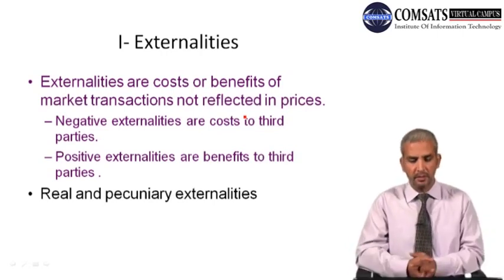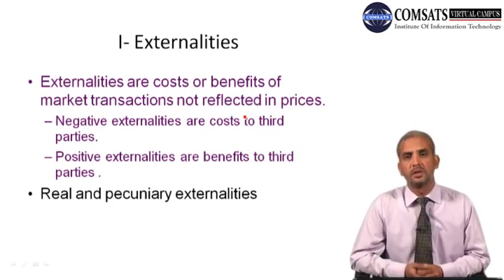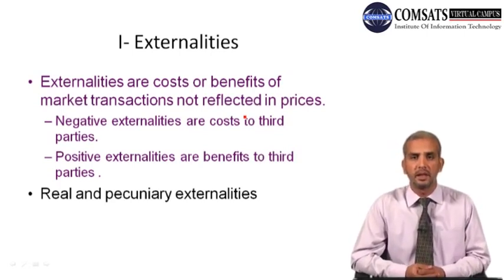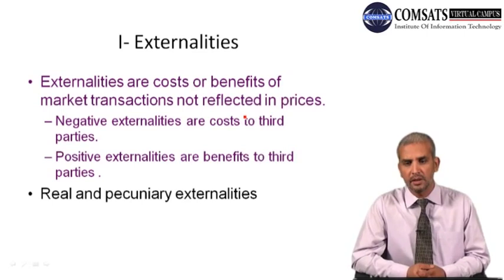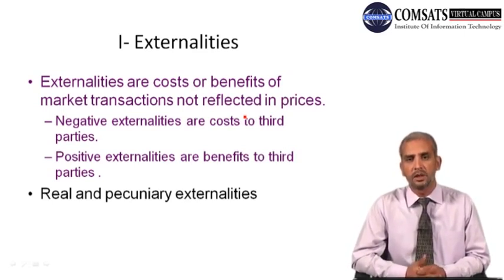Another example can be the expansion of cities in urban areas. People often move closer to the airports. Now, people living in the surroundings of the airports are disturbed by the noise pollution created by low-flying aircraft.